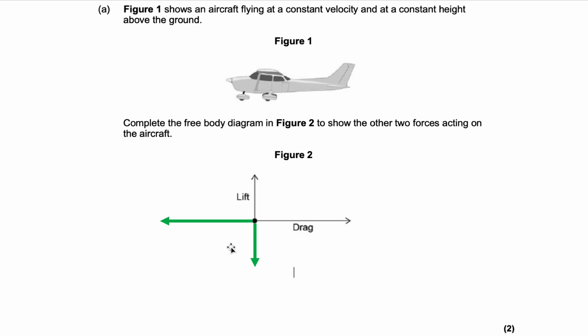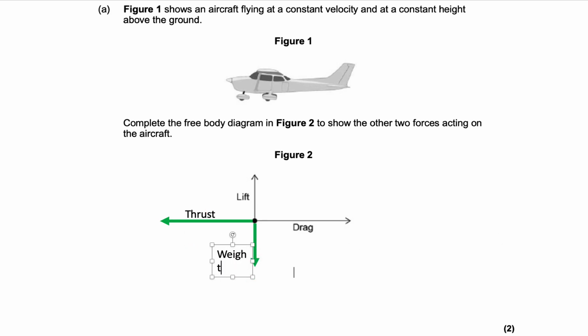So you would need to label that weight, and the arrow pointing to the left or the forwards is going to be called the thrust force. So that's due to the engine. So we'll label this one thrust, and this other one gets labelled weight.